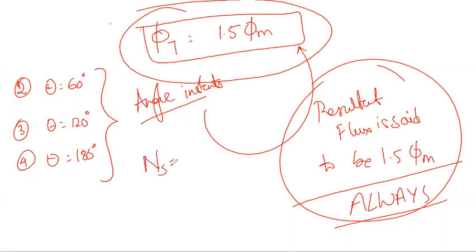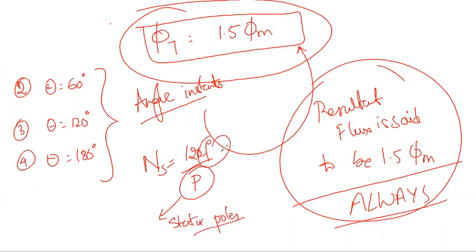And Ns is 120 f divided by p, where p is the number of stator poles and f is the frequency in hertz.